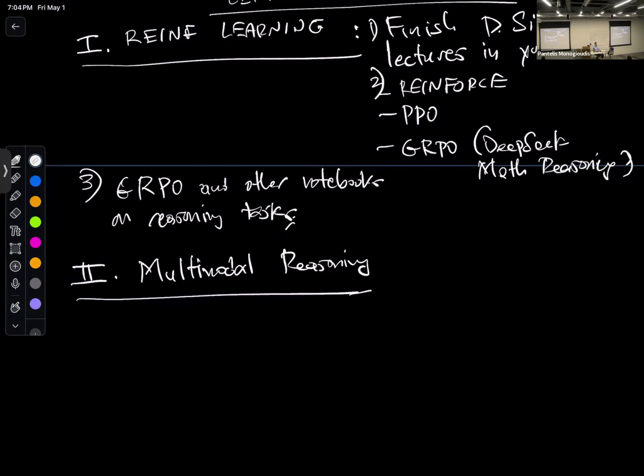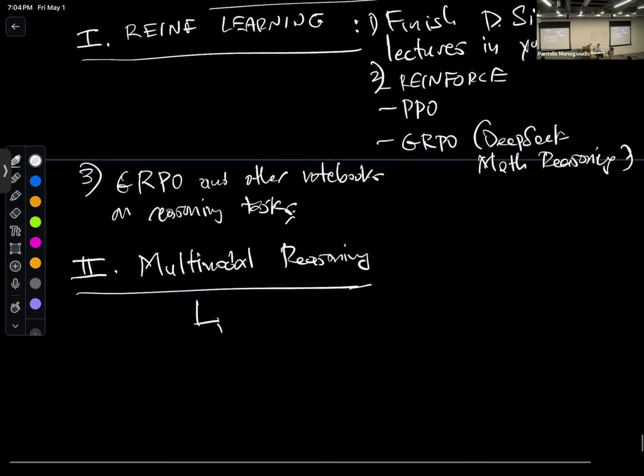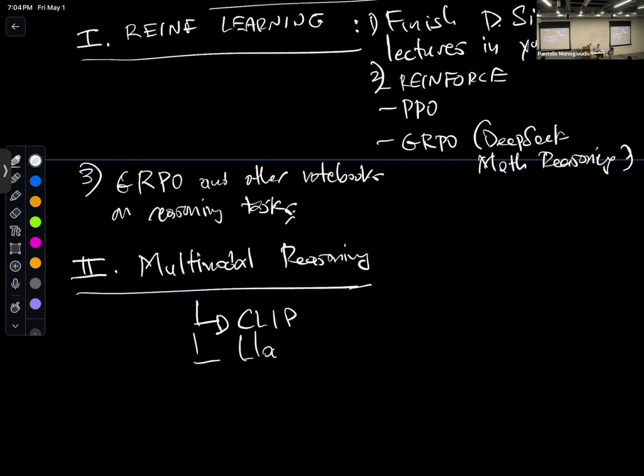During the summer, you may want to spend some time on understanding CLIP, contrastive self-supervised learning, and LLaVA. These are two foundational pieces of knowledge in terms of modeling that I think will take you to a much better state than we are right now.